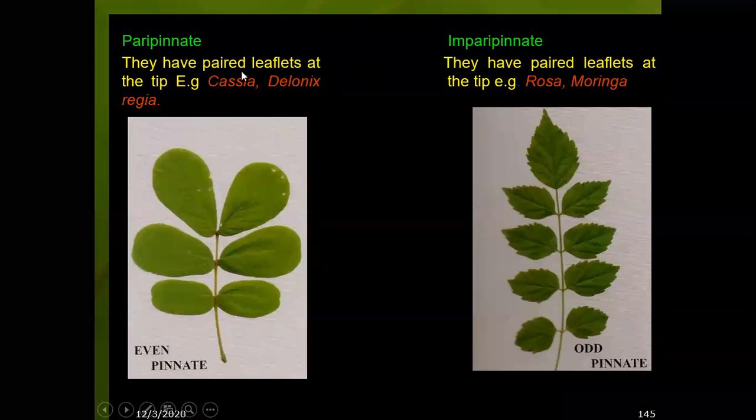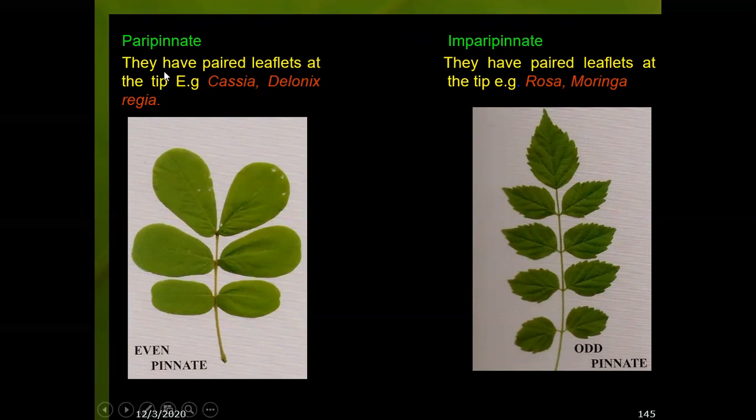Paripinnate leaves have paired leaflets at the tip.